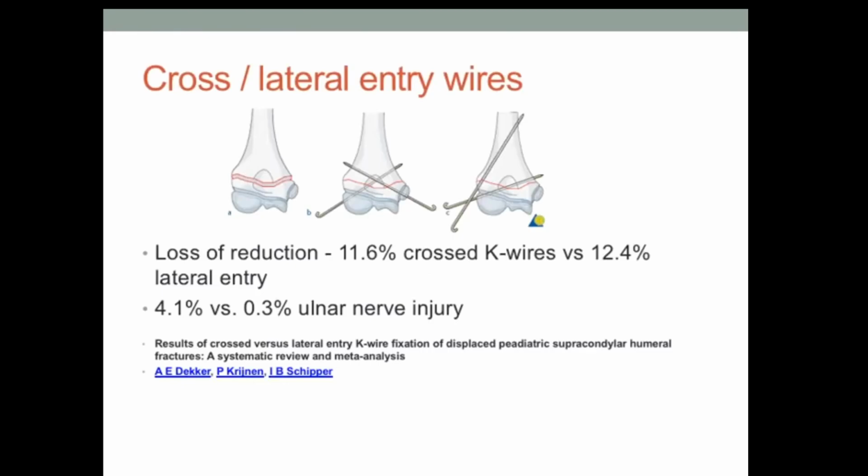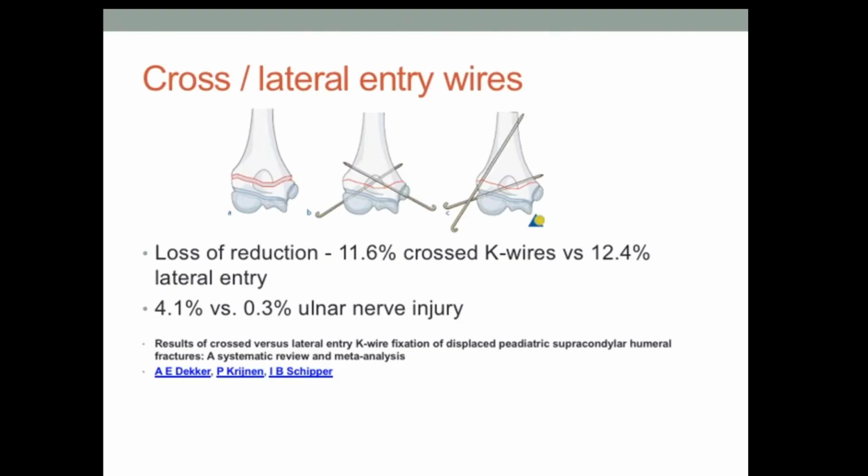And finally, I just want to touch on some of the surgical methods. There's two main ways of doing these percutaneous pins. One is the configuration of cross wires, demonstrated by the middle picture there, or lateral divergent K wires on the picture on the far right. And again, different surgeons will have different preferences.